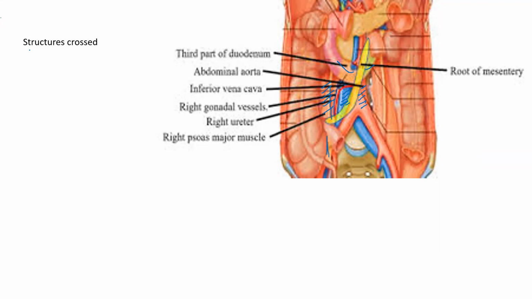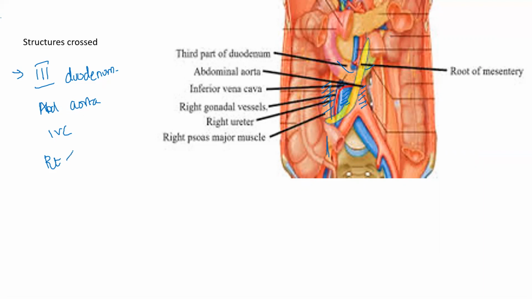You want me to write it again? So the third part of the duodenum, then the abdominal aorta, the IVC. The course of the mesentery is towards the ileocecal junction, which corresponds to the right sacroiliac joint.